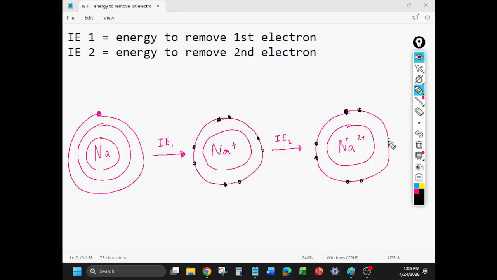Okay, so you kind of get the point. It's just you're taking away another electron, and then the list goes on and on. You can also go IE3, which is the third one, IE4, and so on and so forth. It's just how many electrons you're removing. Okay, so that is the general concept. But there are a lot of different questions that can come from this.